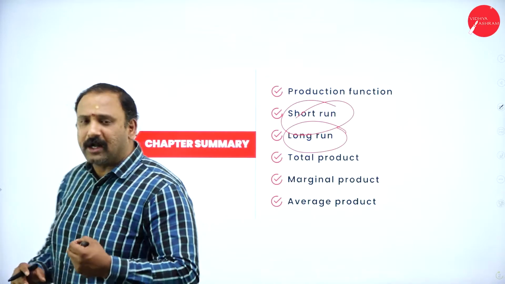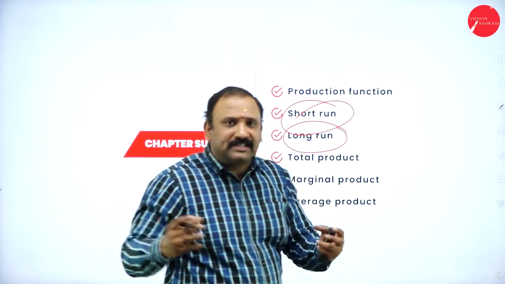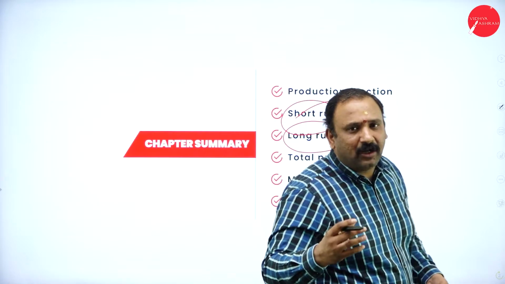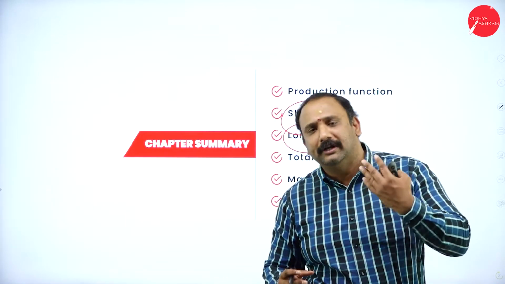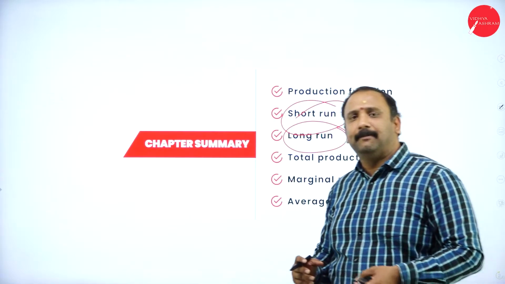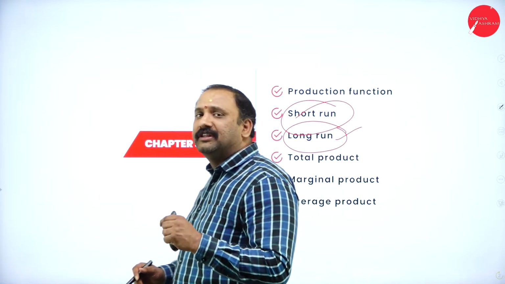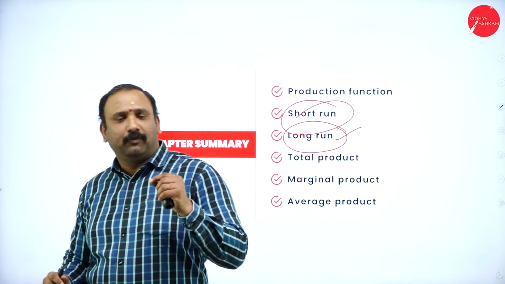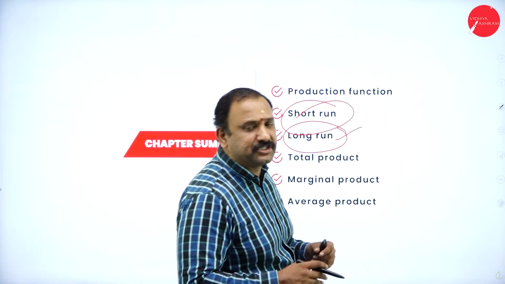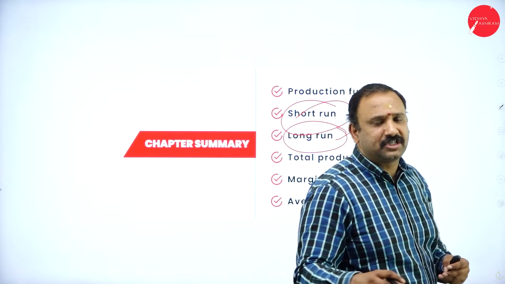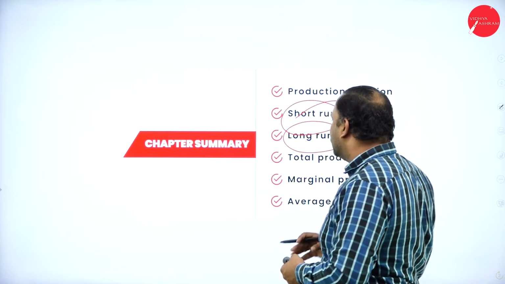Because in a long run, you will have the time, you will have the facility, the period in terms of changing whichever factors you want so that you will be able to continue the production for a longer time period. So when we talk about the long run, the variation factor is on the higher side. In the long run, what we want to see here is how much we can make the margins. So there will be definitely a marginal cost, then average cost, and there would be fixed cost, all put together in the long run.